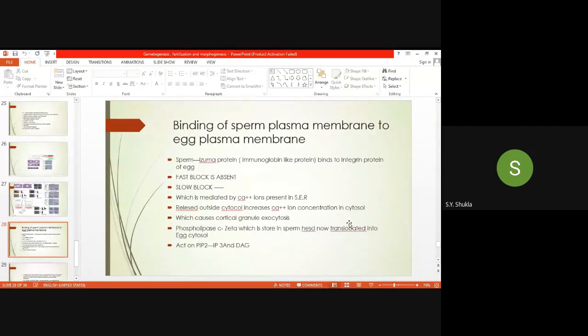Then we discussed the fast block and the slow block in mammals. The fast block is absent and the slow block is given by calcium ions. The calcium ion concentration increases in the cytoplasm through phospholipase C zeta, which comes from the sperm head and is translocated into the cytoplasm. It acts on PIP2, which gives the secondary messengers IP3 and DAG.